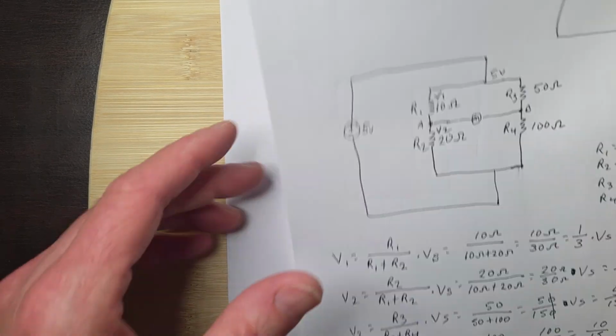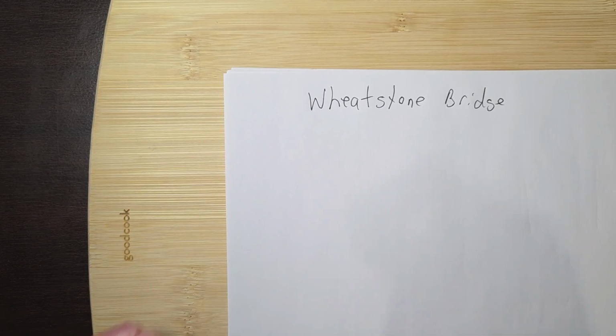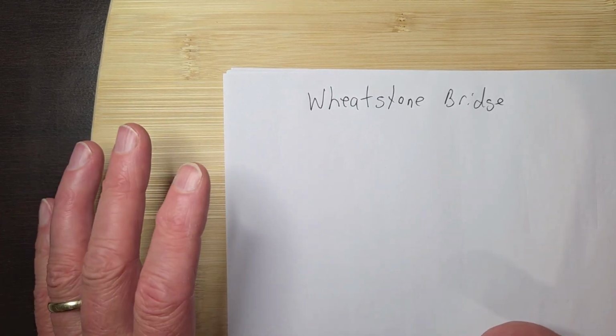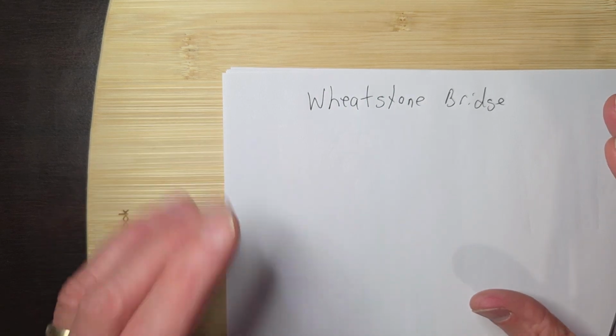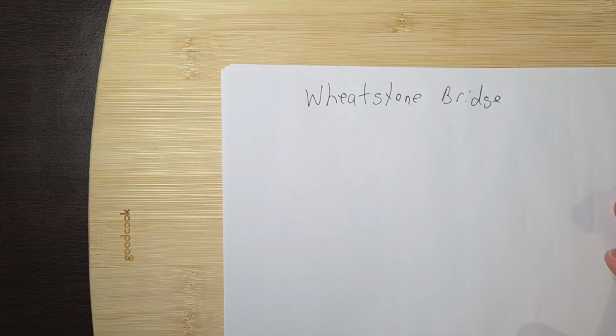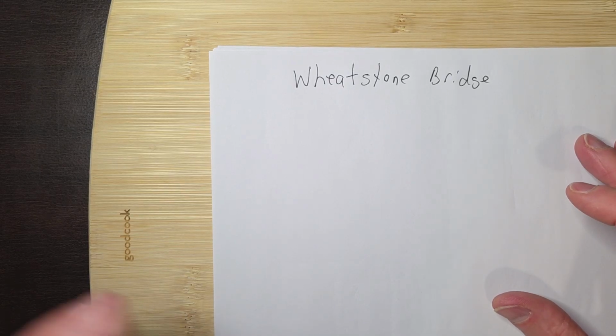What's cool about this, and right now you're probably thinking, well, what does it matter if it's balanced or not? Well, it does matter, because if it's balanced, we know exactly what all the resistances are, and as they change, we can measure the little changes in voltage, and you can actually do something with that electronically.